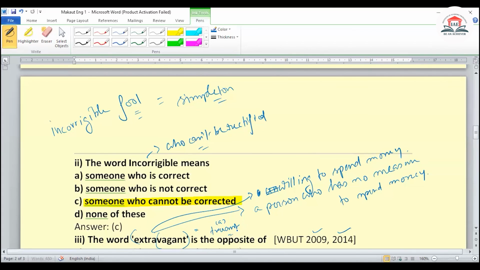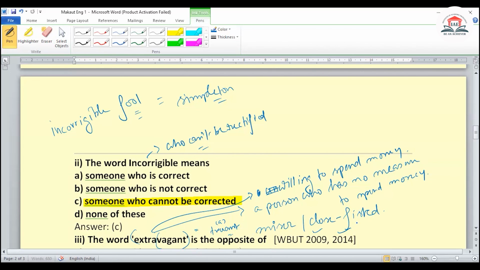You just make a guess. Miser. Exactly. Miser. Close-fisted.